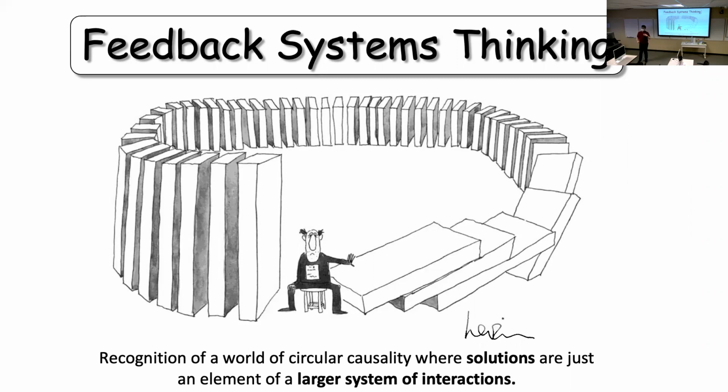That's a cartoon of what we're trying to depict as we go from event-oriented thinking to feedback systems thinking. It's not that one uses feedback and the other one doesn't. It's that the decision-making in the event-oriented perspective does not consider the feedback as part of the system used to make the decision. It just responds to the problem by itself.